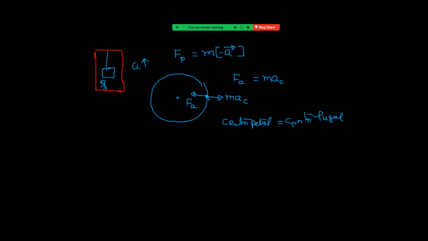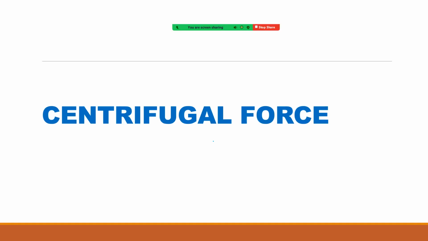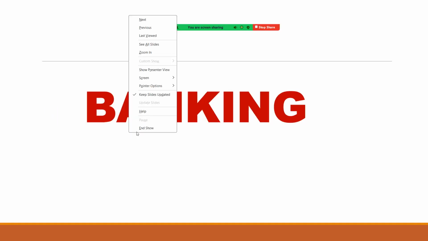So when you are taking the circular path with respect to that particle, that pseudo force is named as centrifugal force. So here both are balanced. So it is the same calculation we did in Newton's laws of motion while learning pseudo force. Okay. Let us now go to the next concept, that is banking. Let us see what it is.